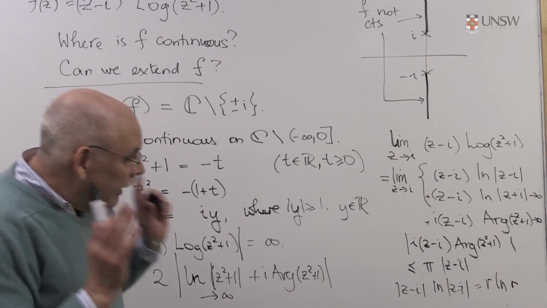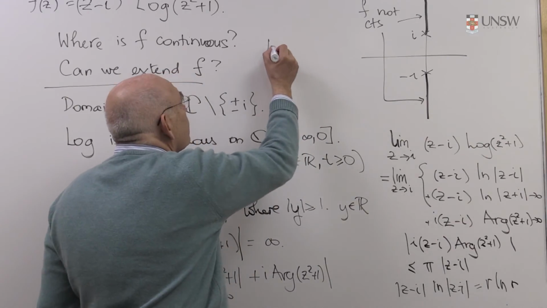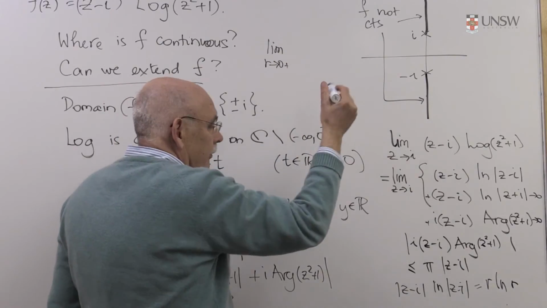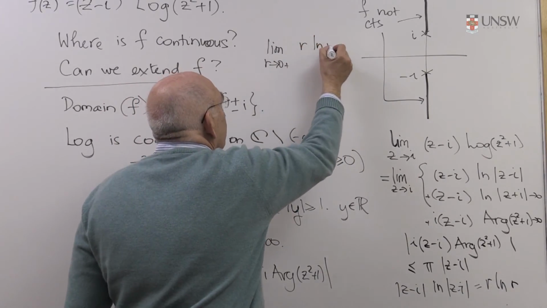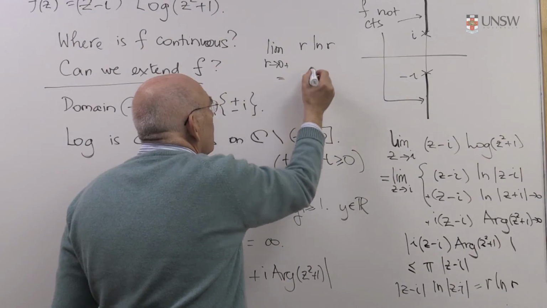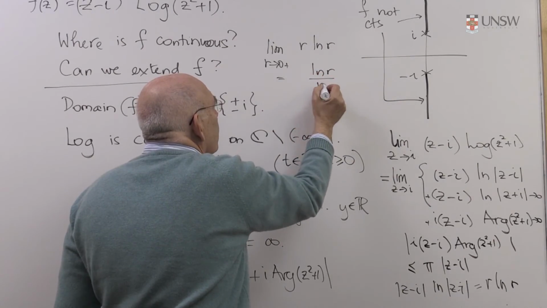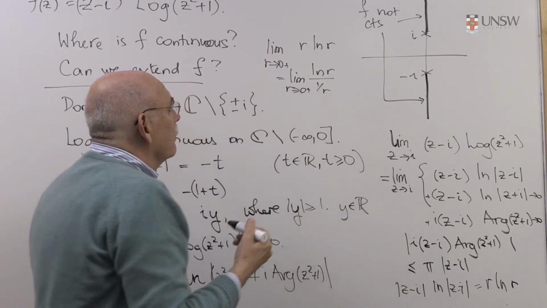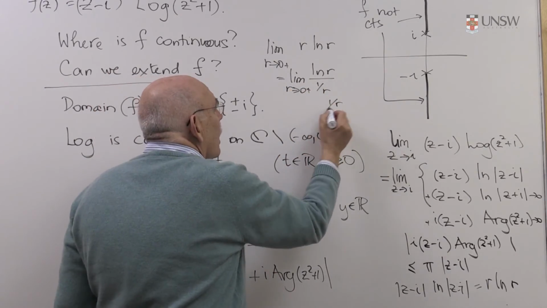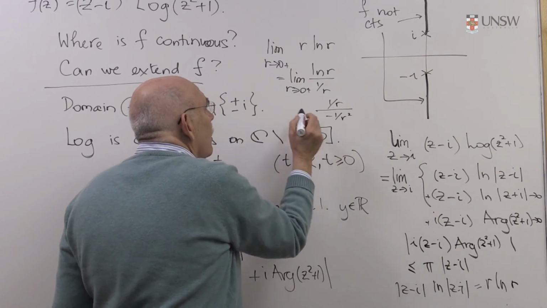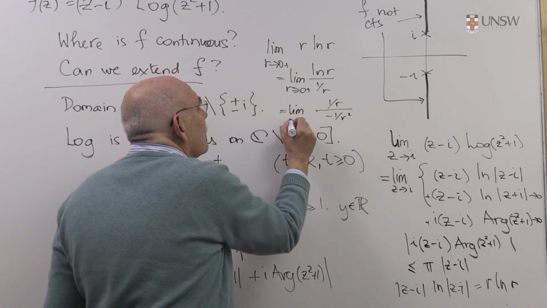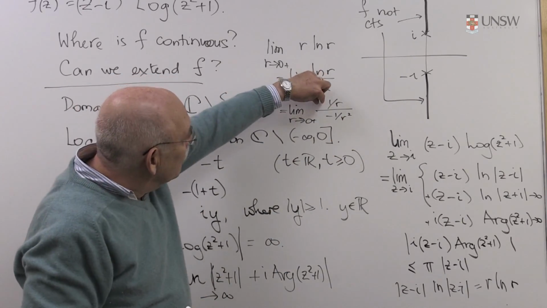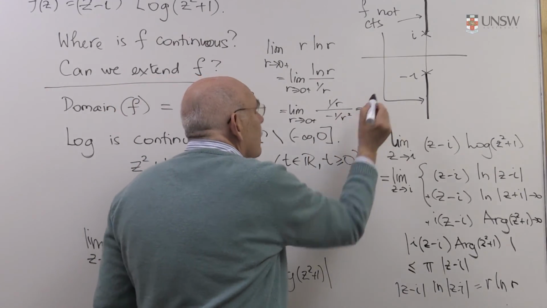Now, it's an exercise from first year calculus to show that the limit as r goes to 0 from the positive side of r times ln of r, which can be written as ln of r over 1 over r, and now using L'Hopital's rule, I get 1 over r and −1 over r squared. And when I simplify that, it is actually −r. So this is equal to 0.